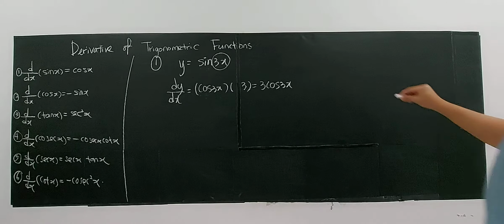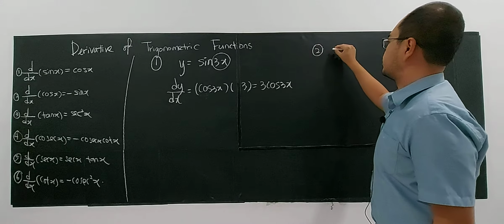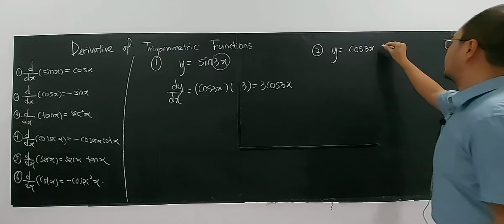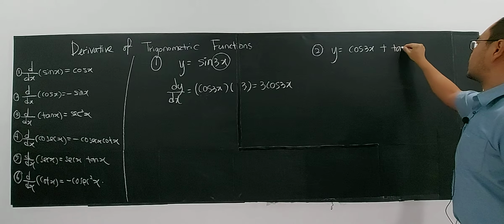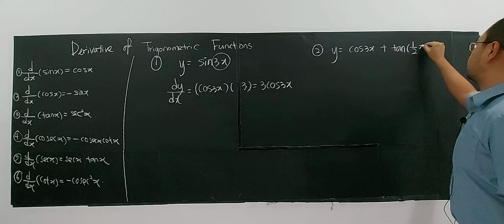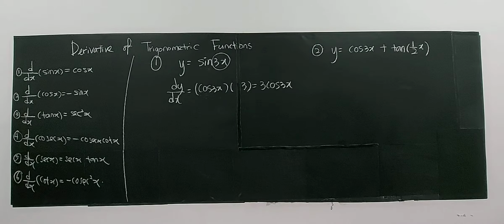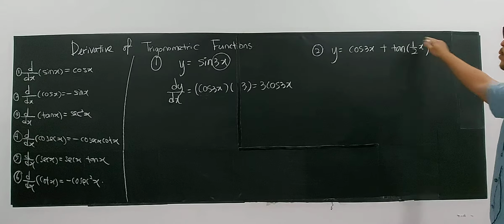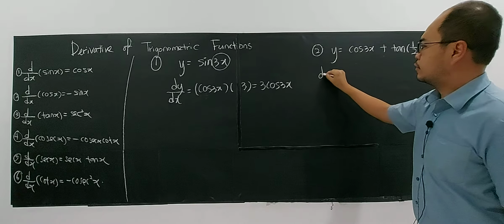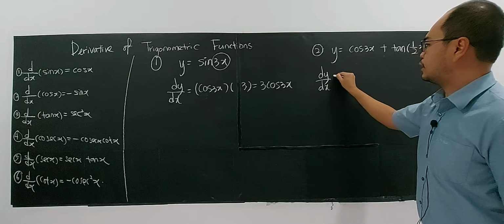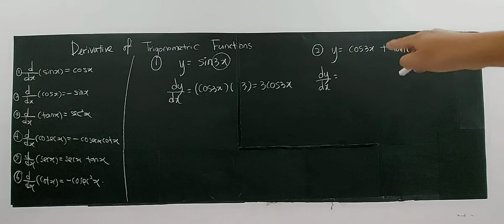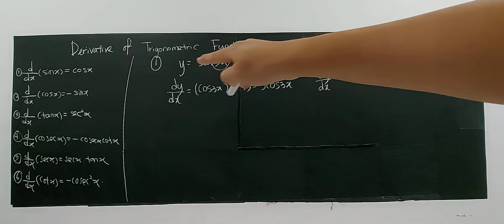Second example. For example, if I have y equals cos 3x plus tangent half x. This is a trigonometric function plus another, so I can differentiate using the basic formula.